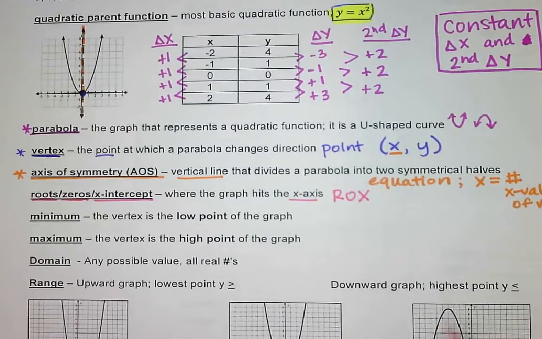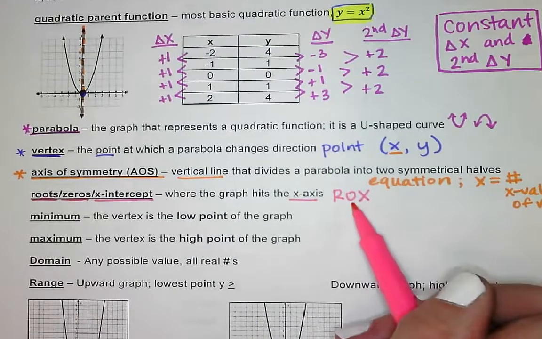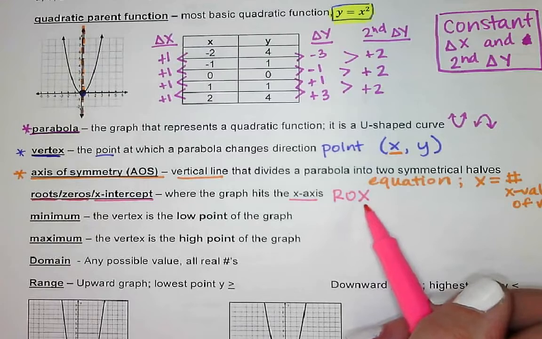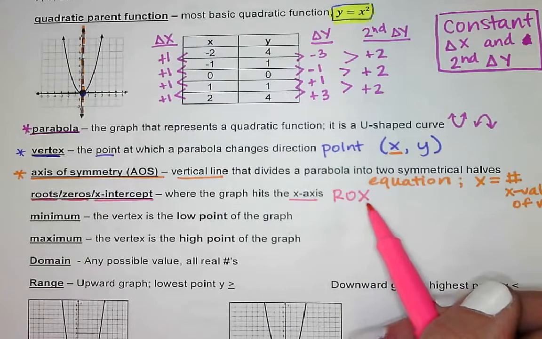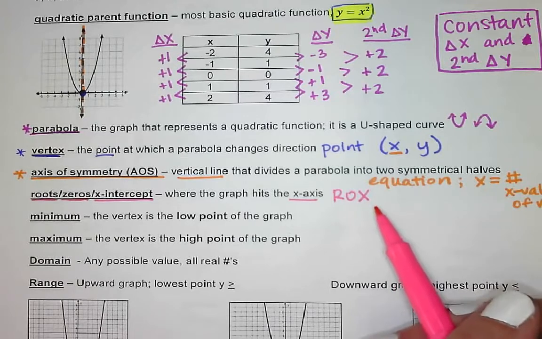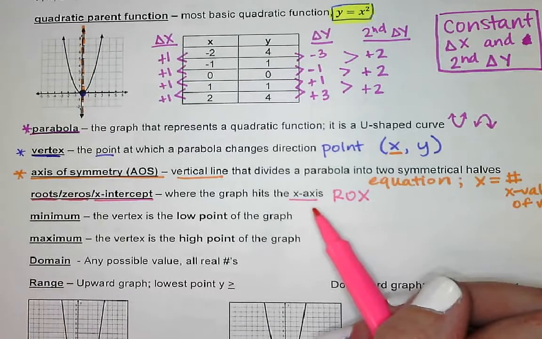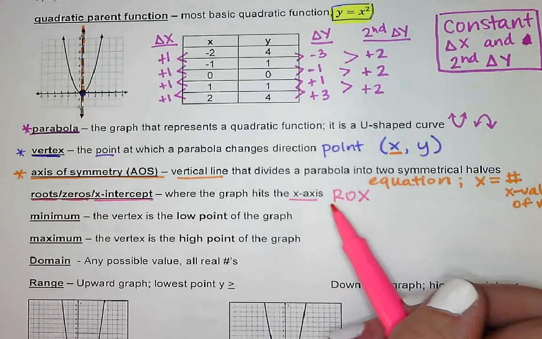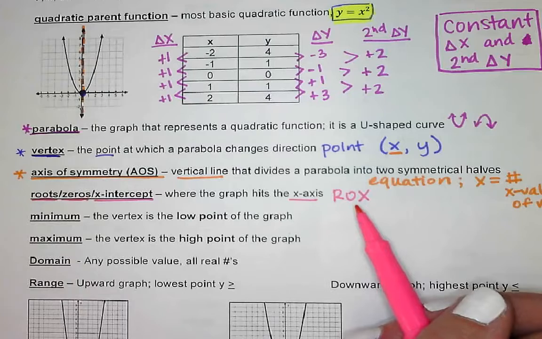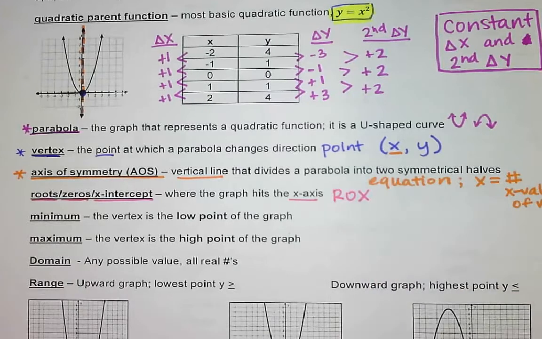The roots, the zeros, and the x-intercepts are all the exact same thing because math rocks, right? If I ask you for the root, it's the same thing as the x-intercept. If I ask you for the zero, it's the same thing as the x-intercept. Does that make sense, y'all? Y'all tracking?